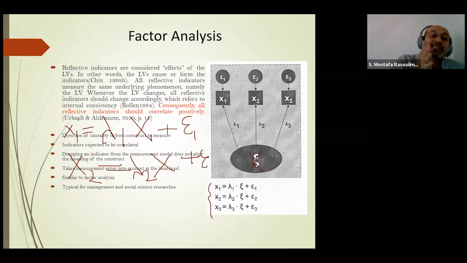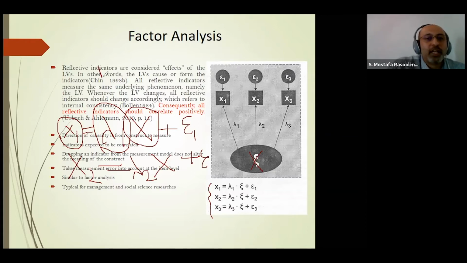But when we have simple regression, actually this regression coefficient is also the correlation coefficient. Correlation between x and x1. So this lambda 1 shows the correlation between item and construct.